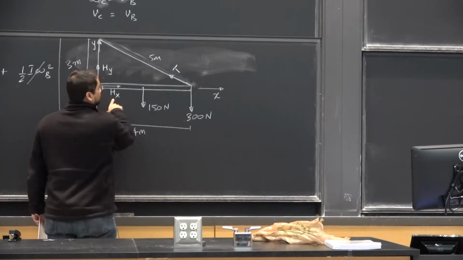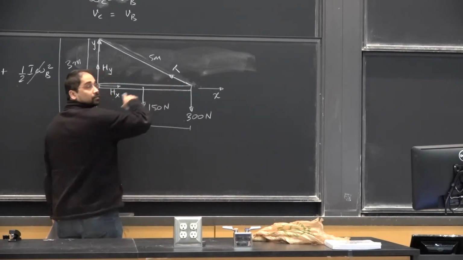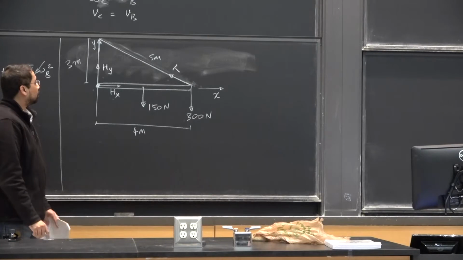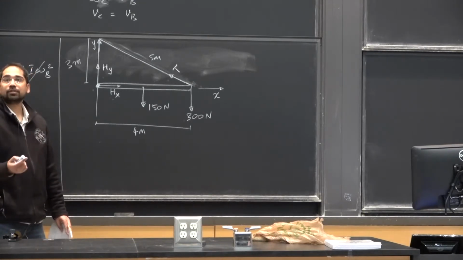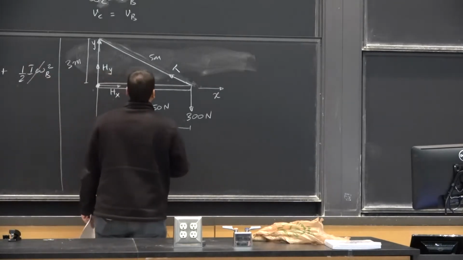I have Hx, which is horizontal. T is somewhere in between. I can't work with T like this, not yet. I need to split up T into its components so that I can write down the equations along x and y. So let me do that.